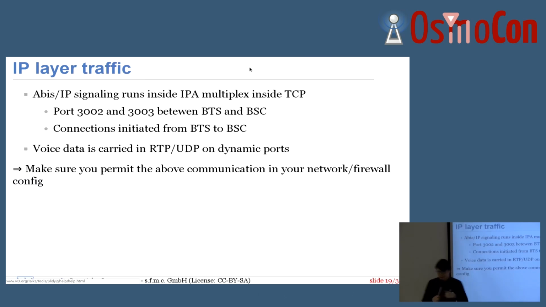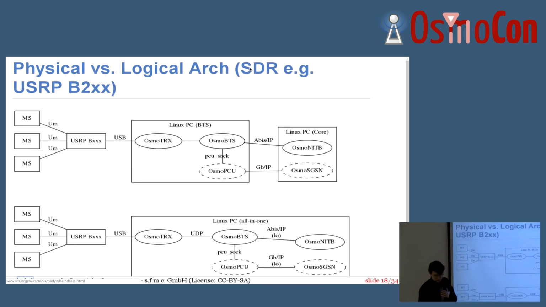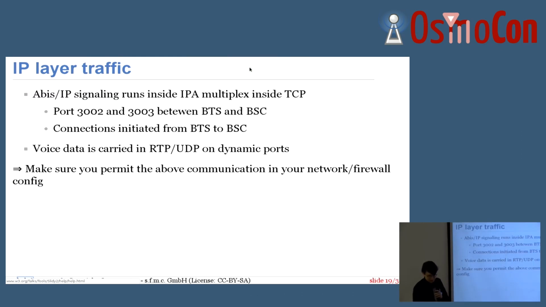On the IP layer, what we see is what's called ABIS over IP in this example. It runs inside TCP. So you see TCP connections on port 3002 and 3003 between those two elements, or here between those two elements in the all-in-one solution where you run everything on one device.